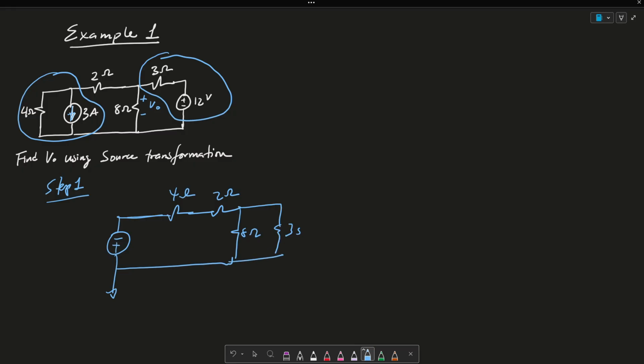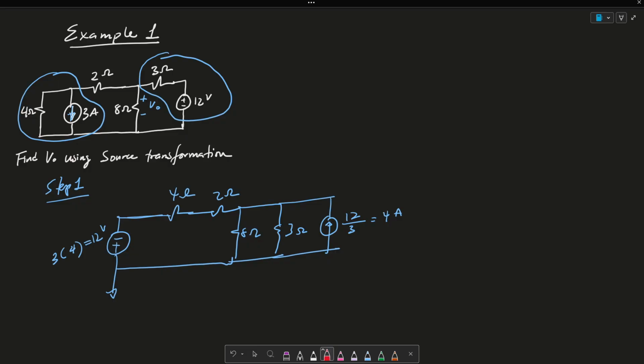And this 3 ohm is going to be in parallel with a current source. Again, the current source is going to be 12 divided by 3, which is going to be 4 amps. And over here, we're going to get 3 times 4, which is going to be 12 volts.